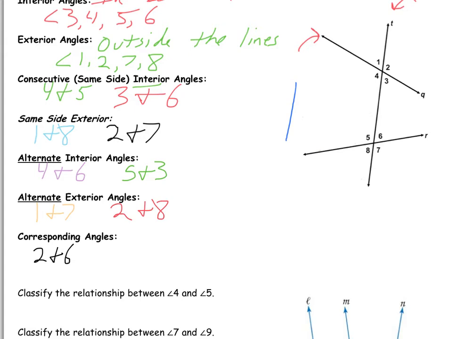So another pair of corresponding angles would be 1 and 5. Another pair would be 8 and 4. And the last pair would be 3 and 7. Okay, these are all pairs of corresponding angles.